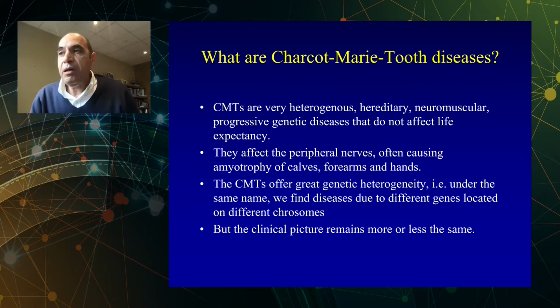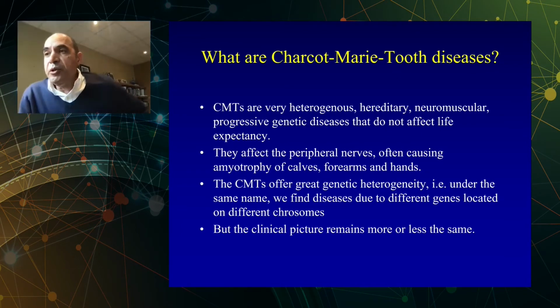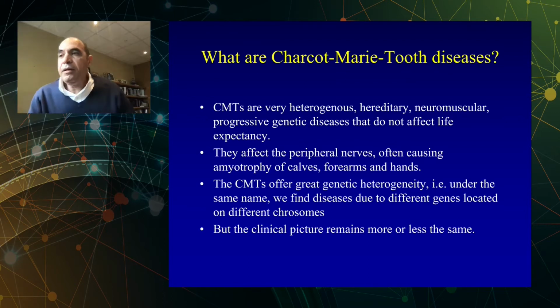These neuropathies are very heterogeneous, hereditary, neuromuscular progressive diseases that do not affect life expectancy. They affect the peripheral nerve, often causing amyotrophy of calves, forearms, and hands.